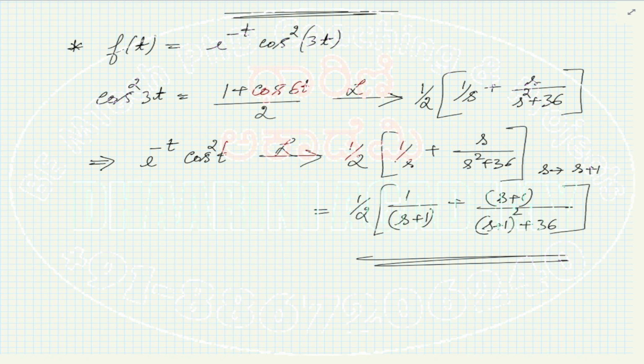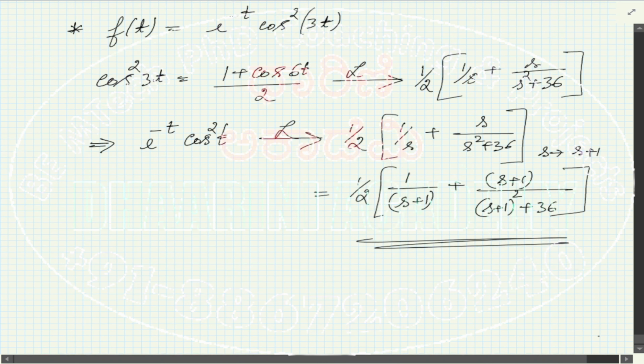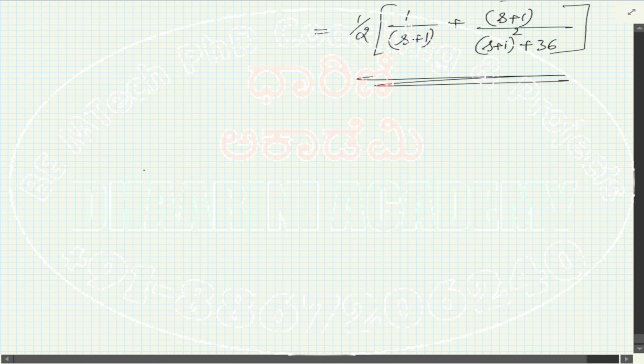So every term we get, we can perform a similar operation. All right, let's move on to the next problem. Here I'm going to consider f of t is equal to 1 plus 3t into e to the 2t, the whole square.